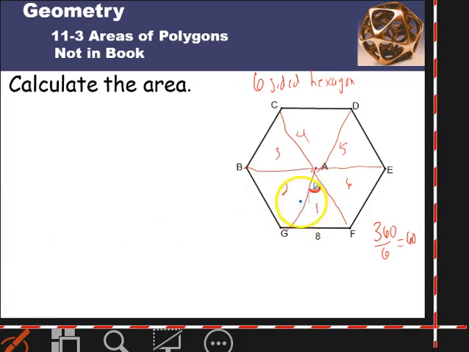Now, because these radii are equal, that makes these two angles also equal. Okay, and all 3 angles have to add up to 180, so all 3 have to be 60. So this is an equilateral triangle. So that means that all of these are 8.